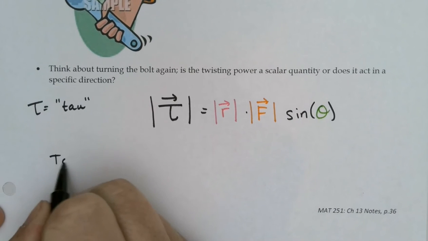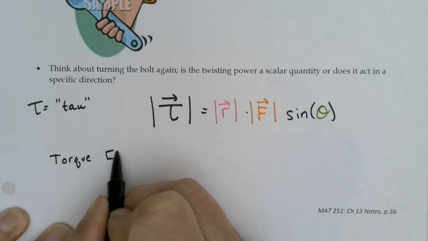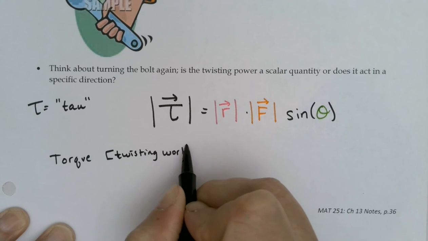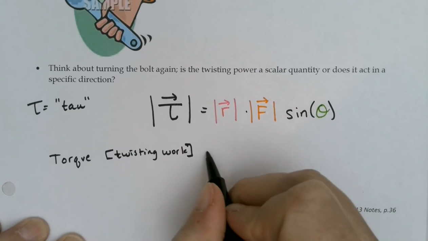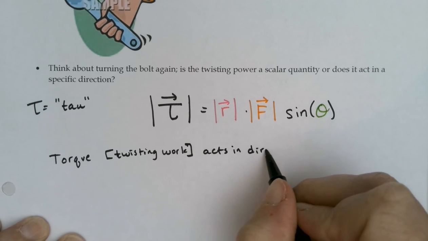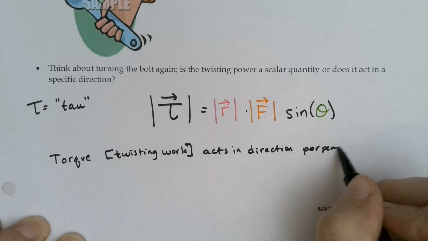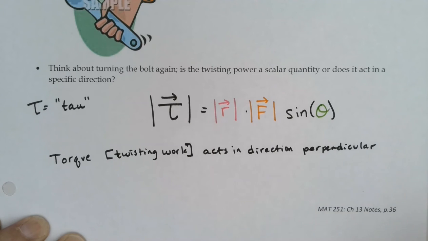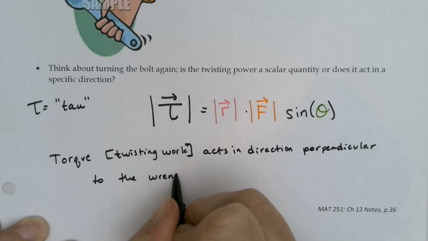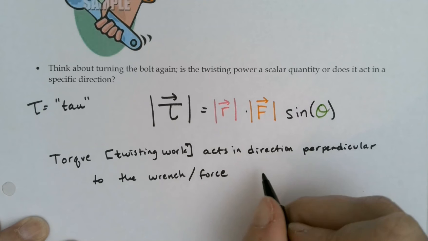So torque, which is your twisting work, acts in the direction perpendicular to the wrench and force, according to the right hand rule.